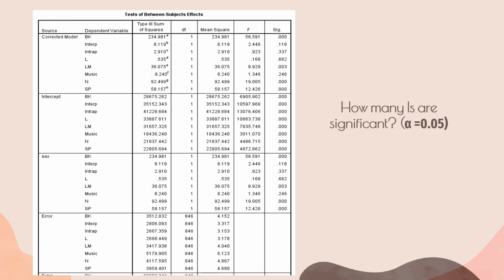Maybe you will do the practice later. Can you tell me how many intelligences are significant based on alpha equals 0.05 here?